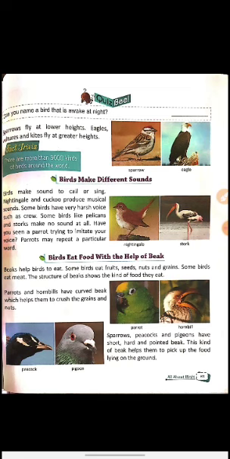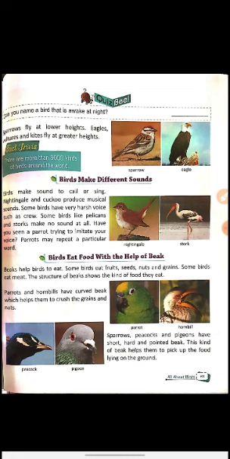Birds eat food with the help of their beak. Beaks help birds to eat. Some birds eat fruits, seeds, nuts, and grains. Some birds eat meat. The structure of the beak shows the kind of food they eat. According to the structure of the beak, we can know the eating habit of the bird, that is, what they eat.